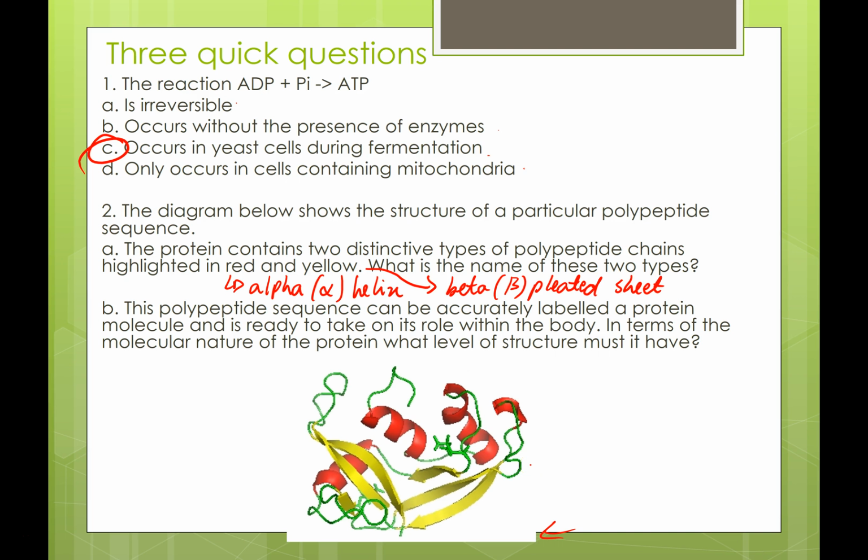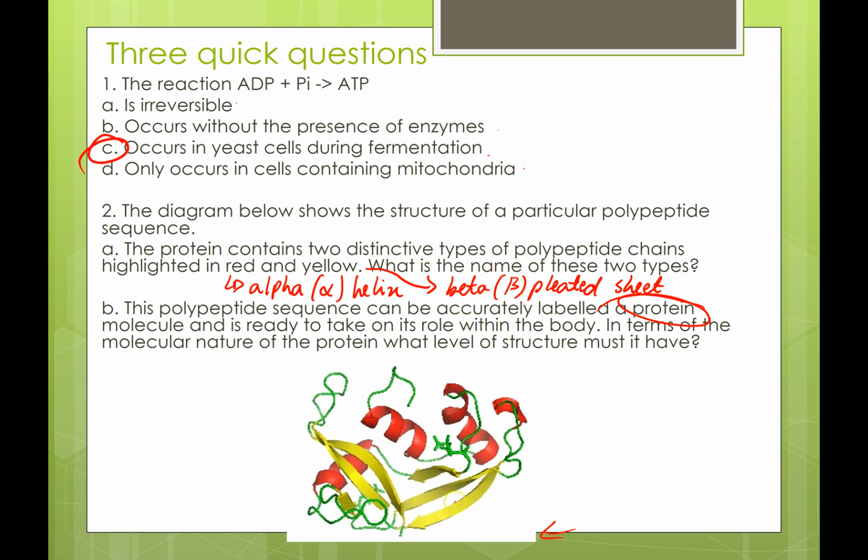The polypeptide sequence can be accurately labeled as a protein molecule and is ready to take on its role within the body. In terms of the molecular nature of the protein, what level of structure must it have? So if we've labeled it a protein, it must be either 3rd or 4th, all right? But there's no indication that there's more than one polypeptide chain here.